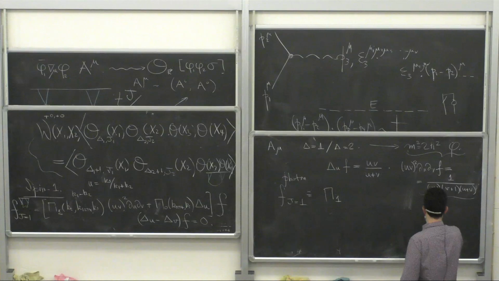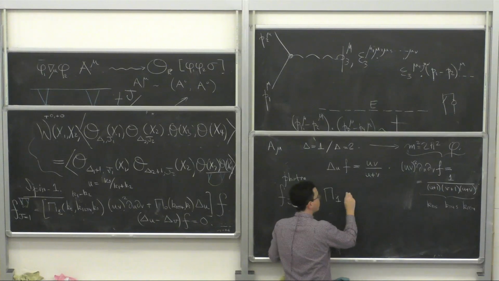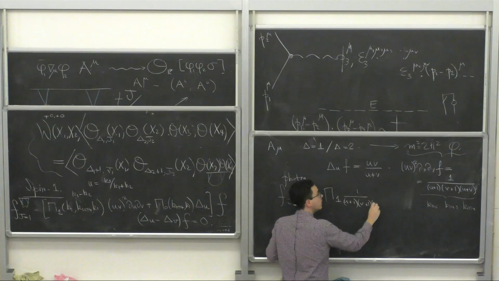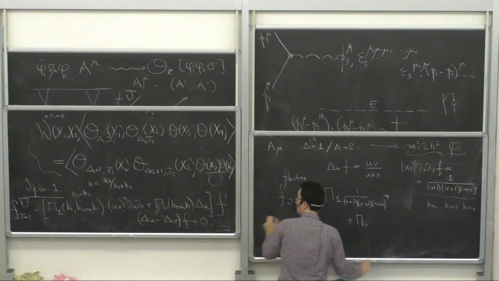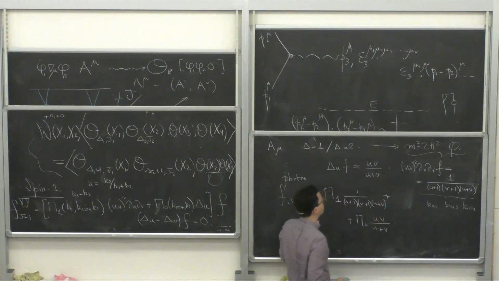V plus 1 is related to the right energies. This is like K1,2's, K3,4's, K1,2,3,4. Okay? So you get pi 1 times 1 over u plus 1, v plus 1, u plus v, plus pi 0 times delta u, but delta u on f is uv over u plus v.